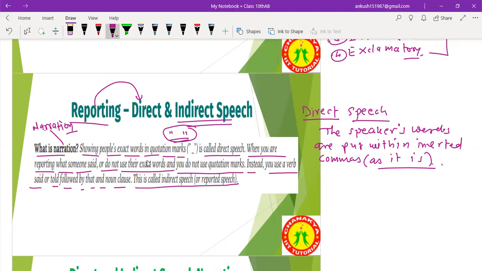Means we say the statement is in direct speech whenever the speaker's words are put within the inverted commas.